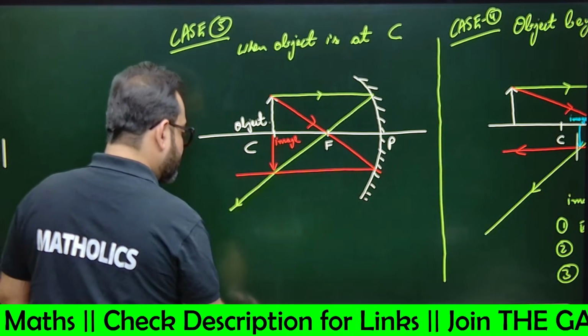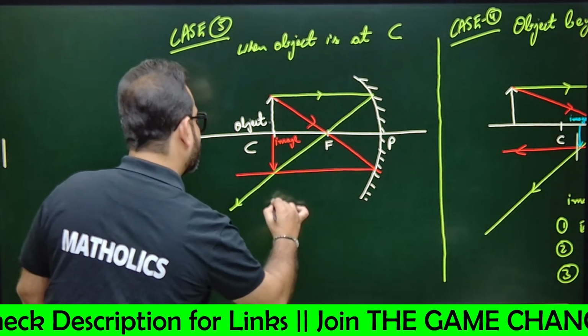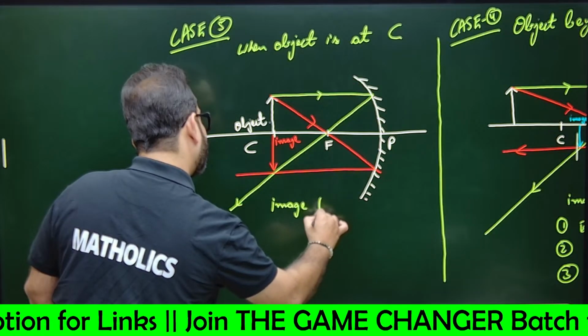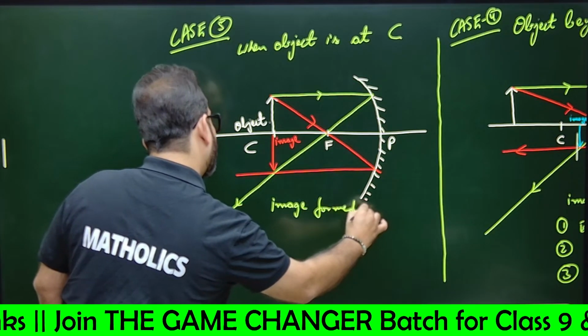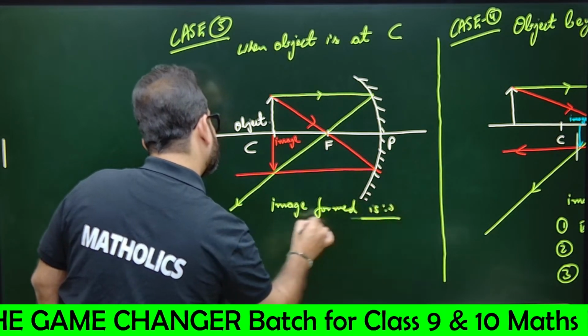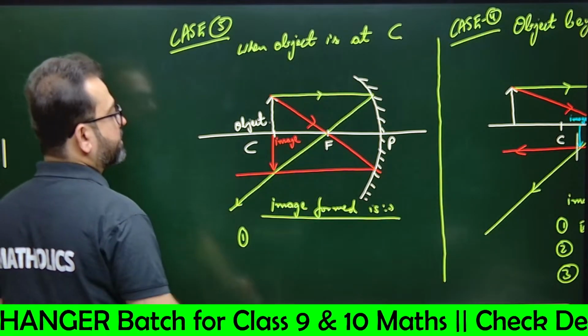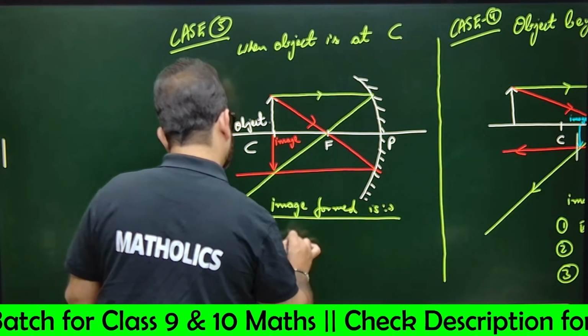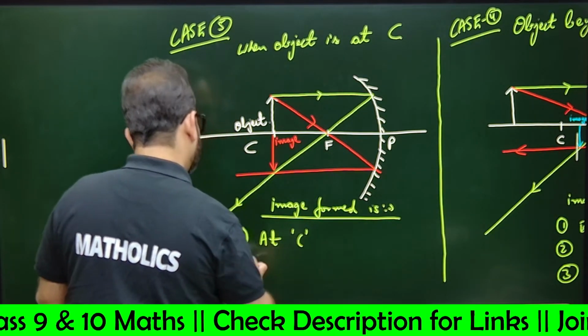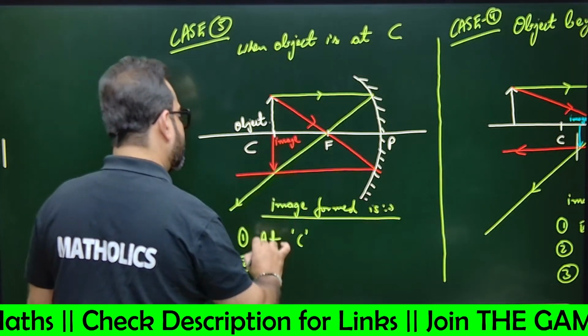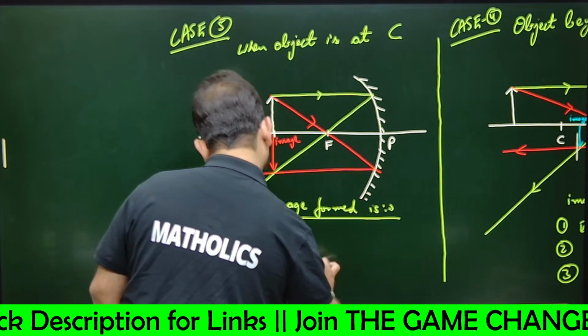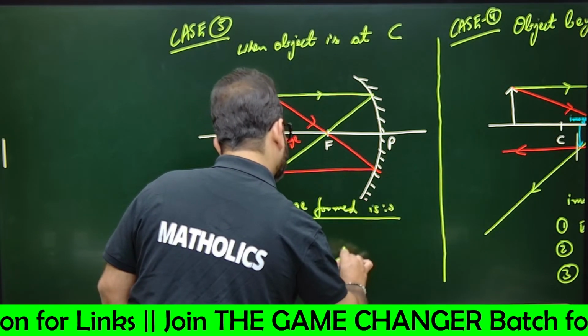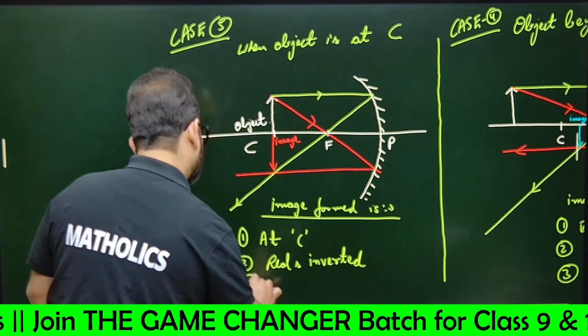Image formed is same. Yes. Image formed is, first point, where is it? At C, at center of curvature. Second point, what kind of image is it? Real and inverted. Third point, is it large, is it small or same size?